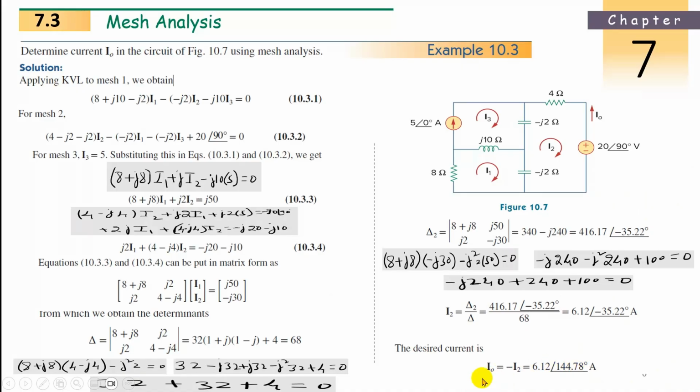Now convert this into phasor: it is nothing but 6.12 cos(ωt + 144.78°). Because it should be minus 6.12, yes minus only, but that minus is taken inside. See the angle, add 180 degrees inside. Okay, here one step was missing, don't worry. The angle is changing here, the minus is going inside. So 180 minus 35 becomes 144 plus. Okay, so like this we have mesh analysis.